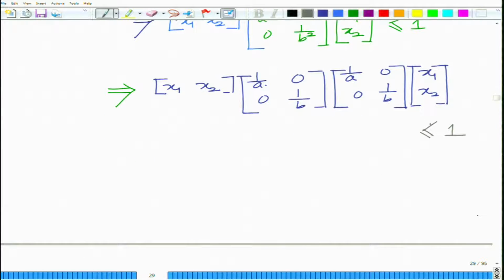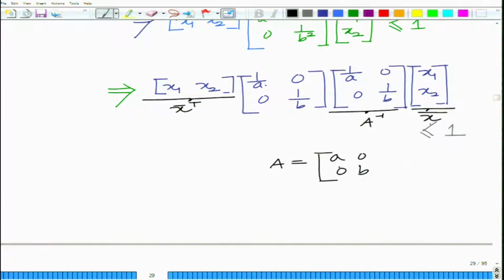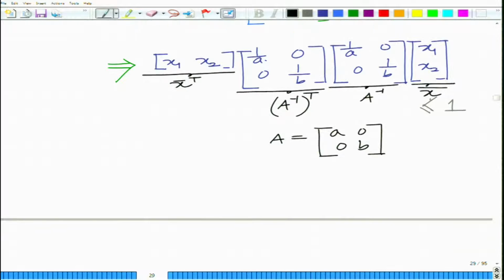Okay, and you can see now, this is basically the transpose of the vector x bar. So, this is x bar transpose, this is the vector x bar, and if I call this matrix A inverse, remember I can define A as the diagonal matrix with small a and b on the diagonal. So, this is A inverse, and I can write this as A inverse transpose, because for a diagonal matrix, the matrix is equal to its transpose.